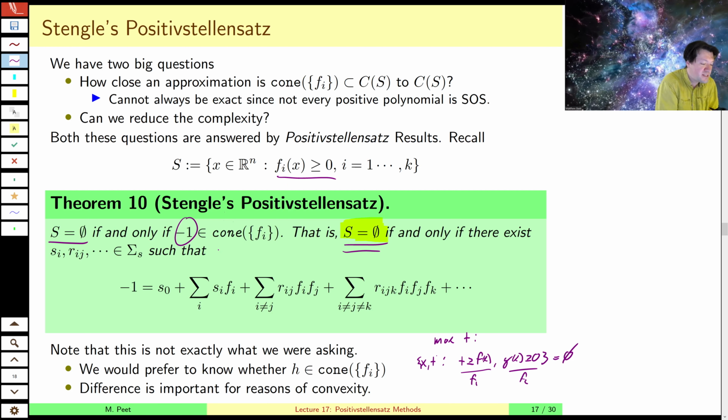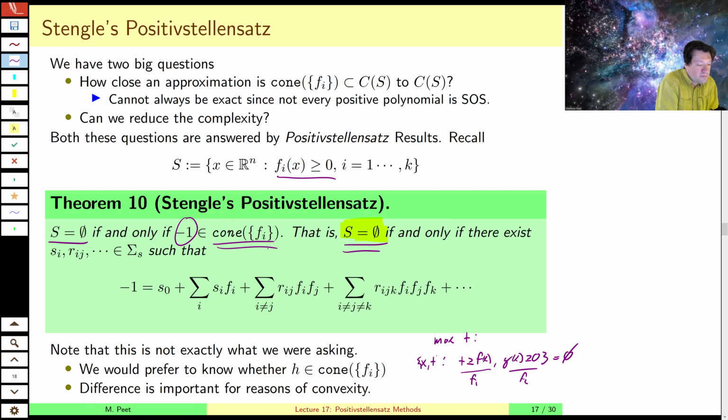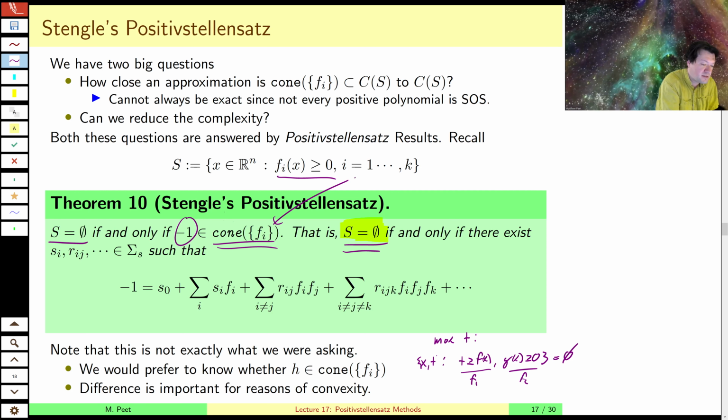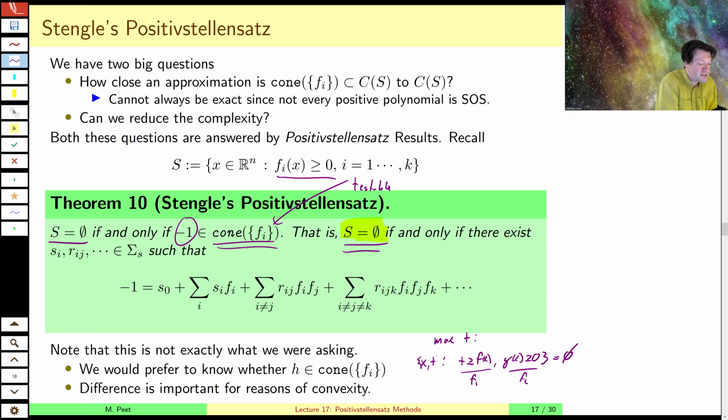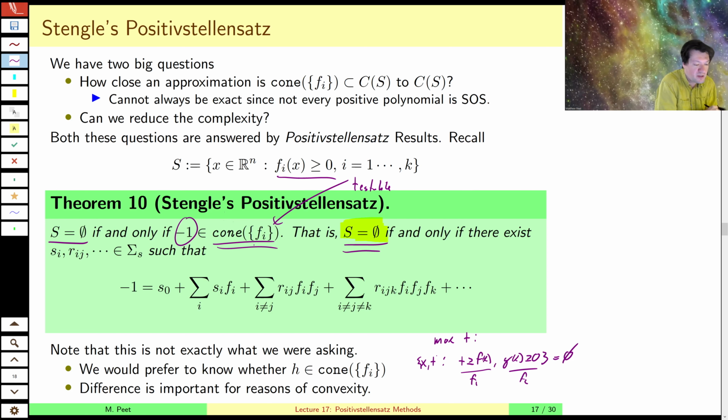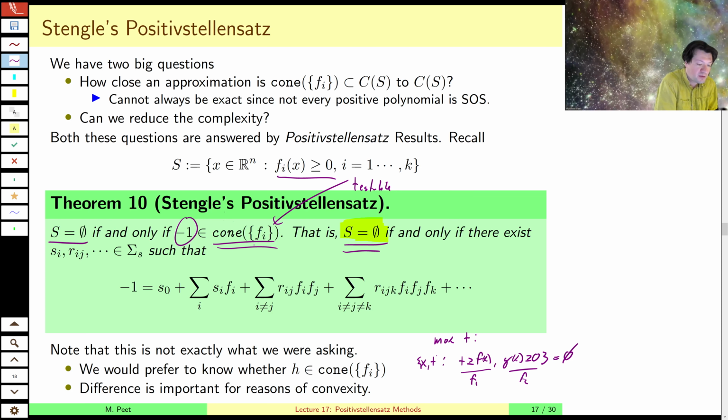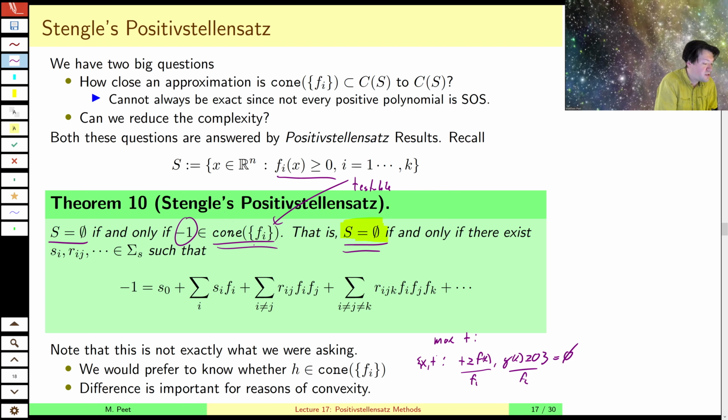Basically, -1 is a valid inequality on the set. So not just a valid inequality, but a valid inequality which can be deduced through our set of 3 logical inferences: multiplication, addition, and sums of squares. So remember, this is testable, and that's the important part. We can always test whether -1 is in the cone because we can search over that cone using sums of squares optimization problems.